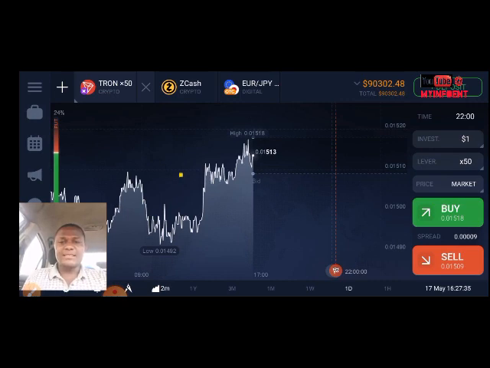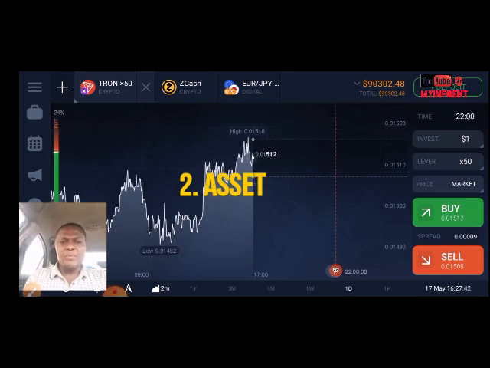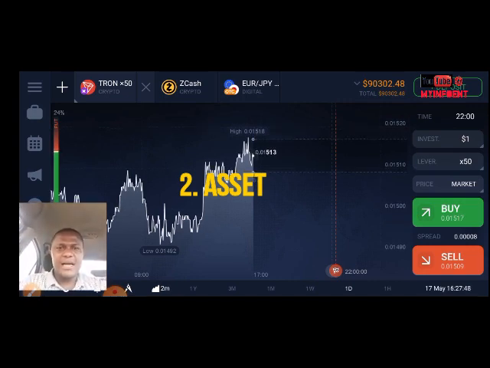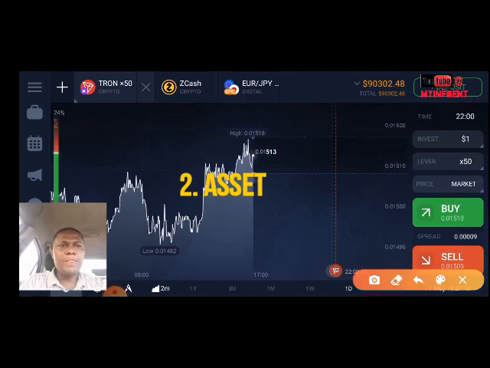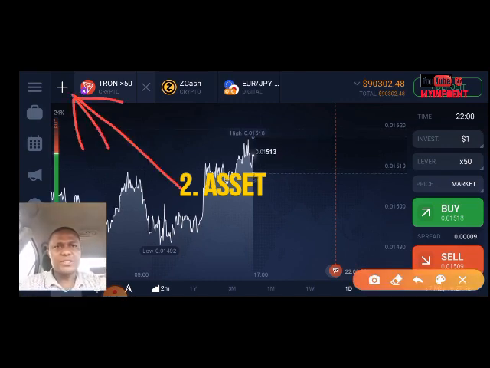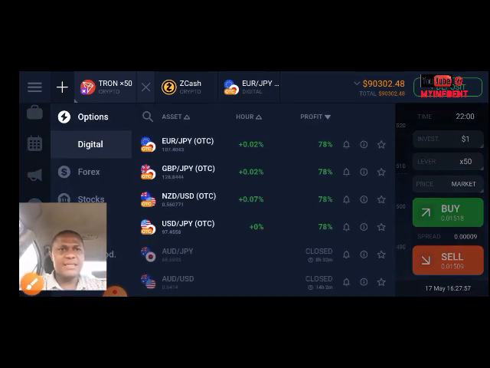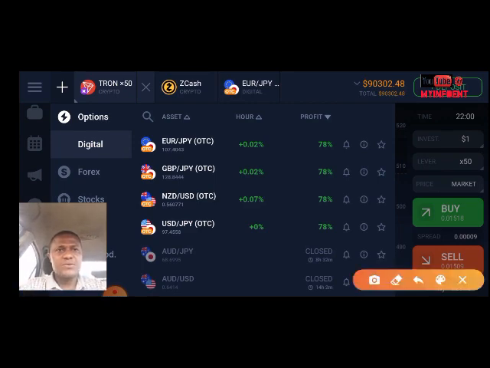Number two is asset. What is an asset? In financial trading, the term asset relates to what is being traded on the market, such as currency, stock, etc. For example, if you click here now, the add button, you see different assets. These are currency pairs.